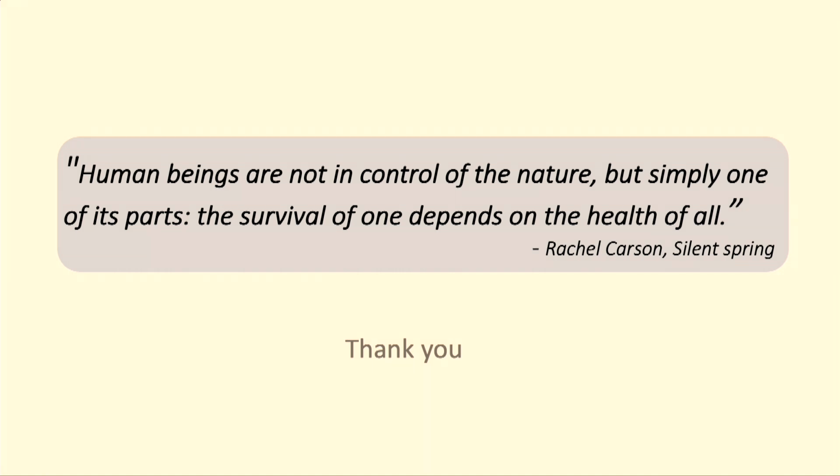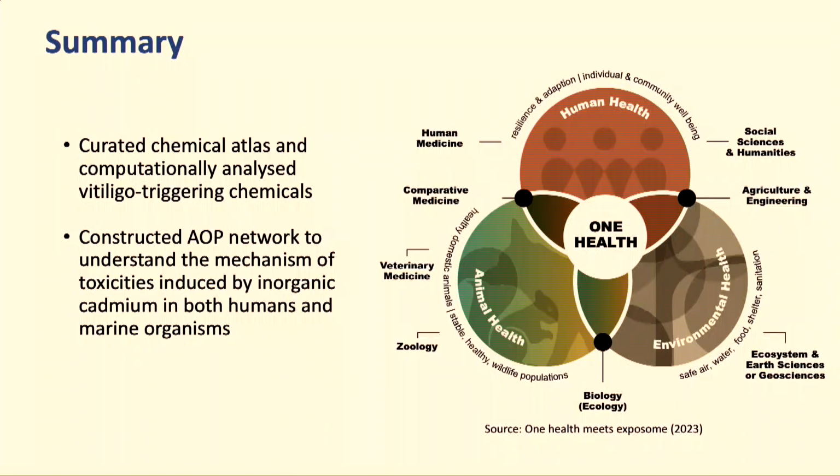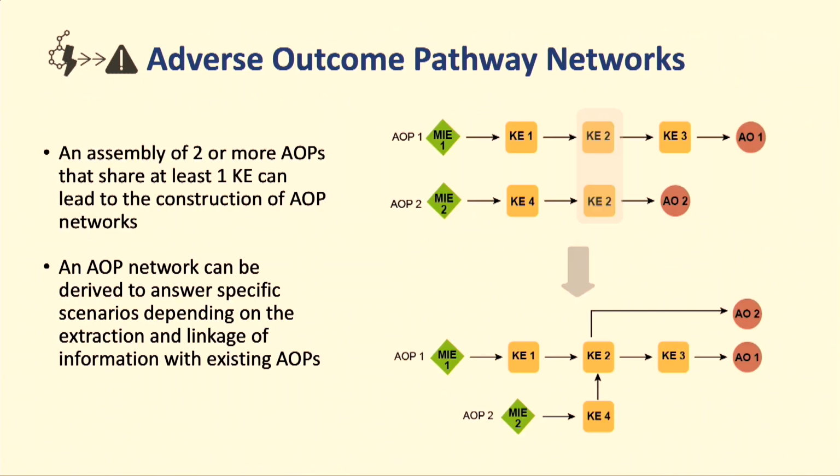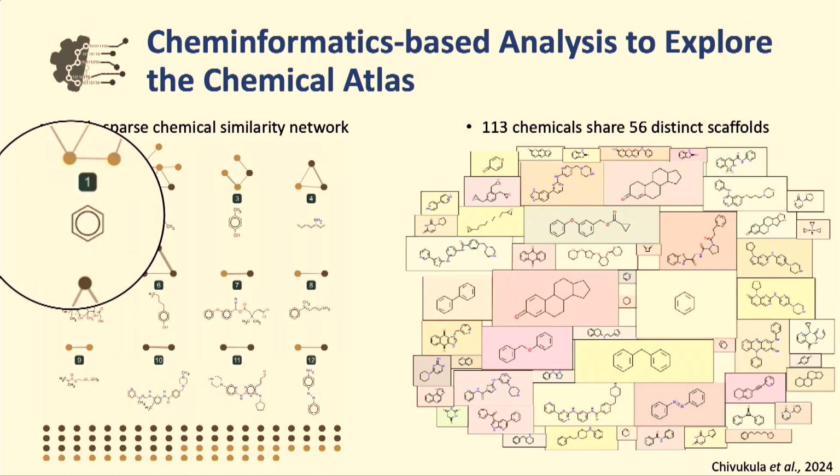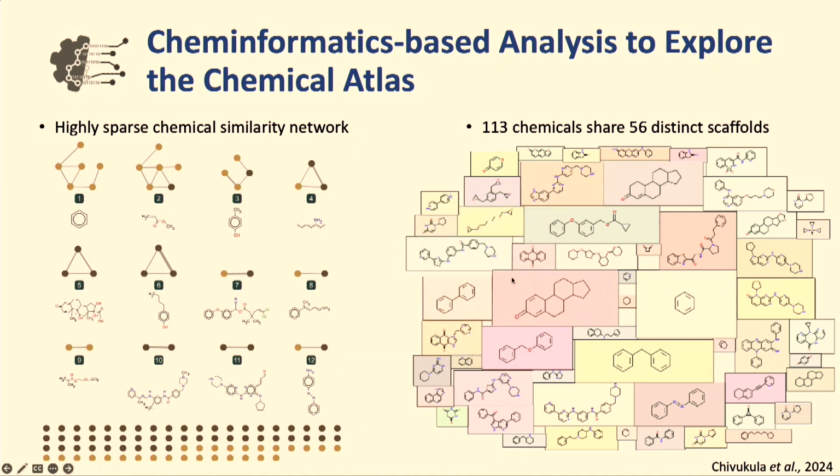Hi, two quick questions. One is, how did you classify these scaffolds? What was the cutoff? You showed these scaffolds in the cheminformatics toolbox, right? Yes. So this is a very simple definition. We use the Bemis-Murcko definition for a scaffold. Essentially it tries to find the closed ring structures present in any chemical.